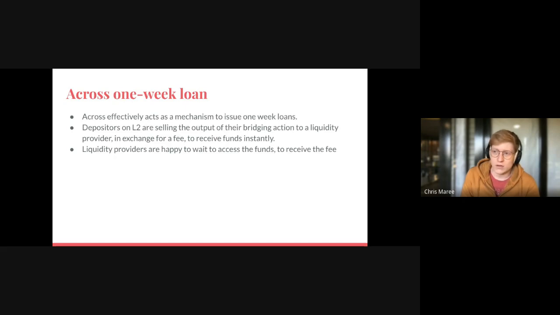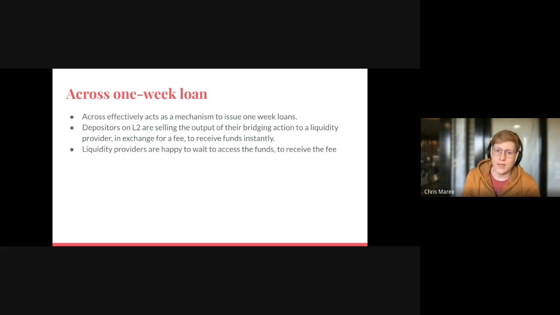And you can think of this as a loan. So liquidity providers will effectively buy that withdrawal, and they'll give you instant liquidity on L1 in exchange for a fee. And it acts like a loan in the sense that there's an interest rate, which is a function of utilization or some other metric.